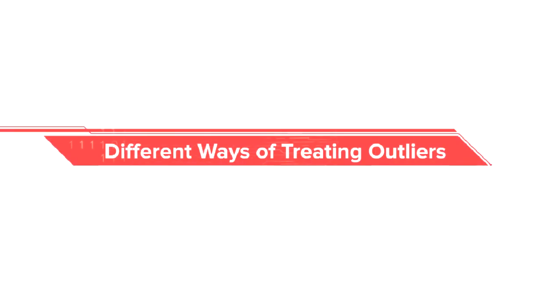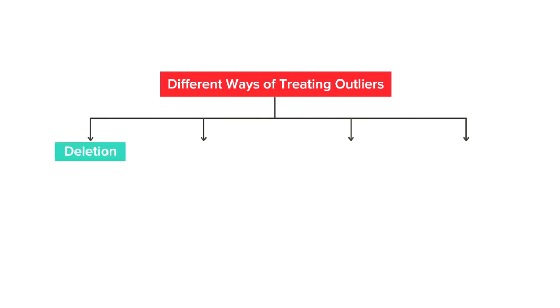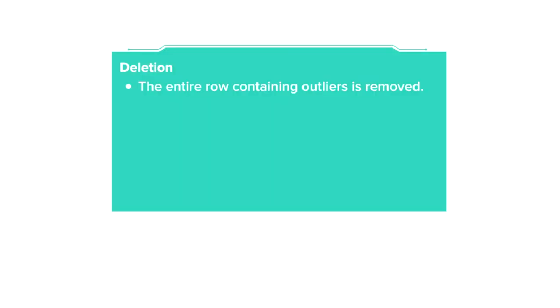So now that we have understood how outliers can cause serious problems in our analysis, let's understand different ways to get rid of them. There are 4 ways of treating the outliers: deletion, capping or imputing, data transformation, and binning. In the deletion method, we remove the entire row containing outliers.